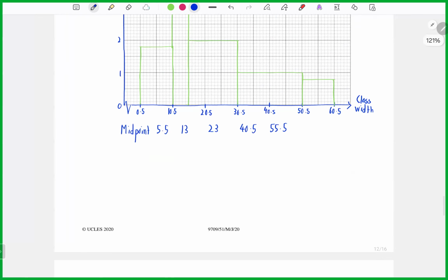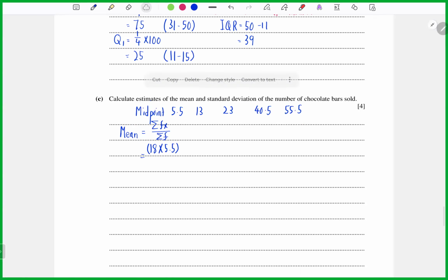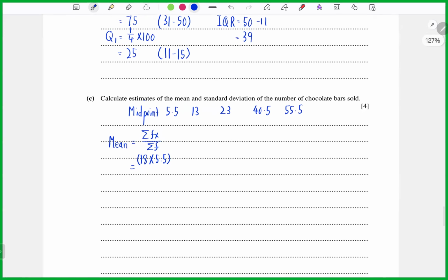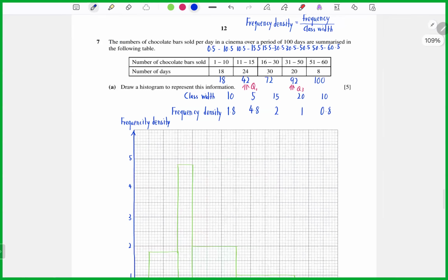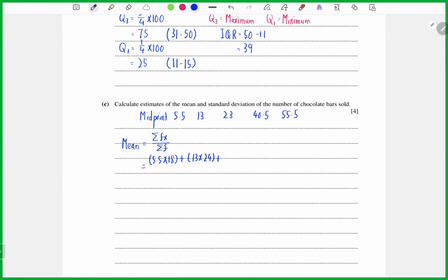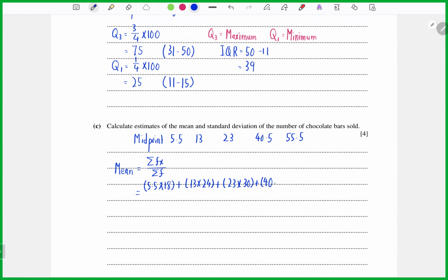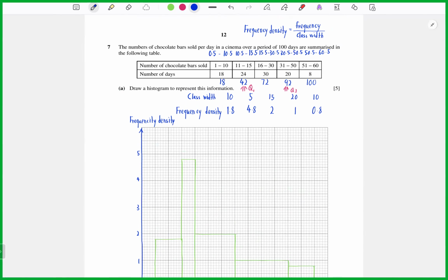So I write here 5.5 multiply 18 plus 13 multiply 24, plus 23 multiply 13, plus 14.5 multiply 20.